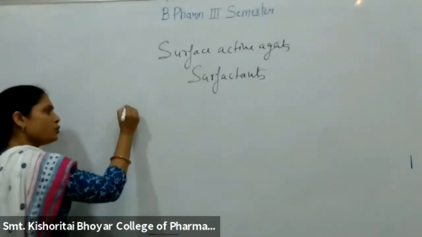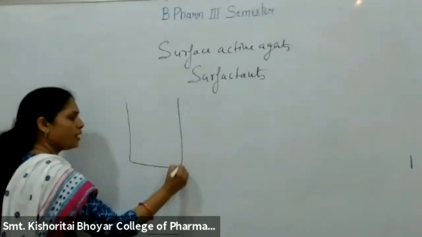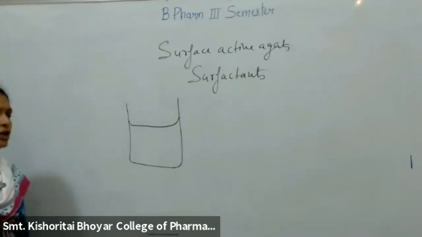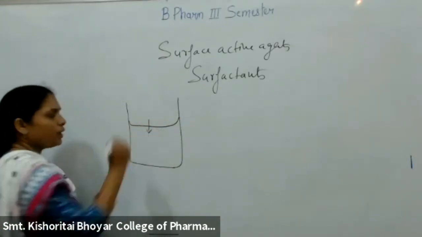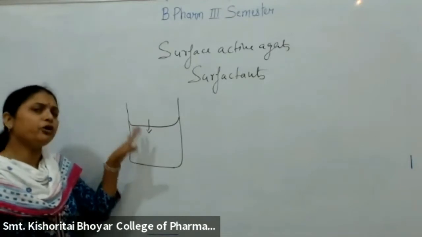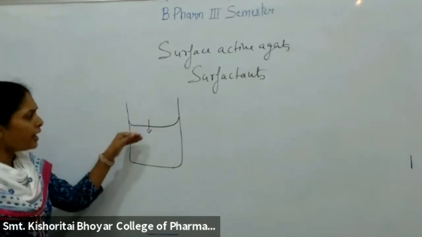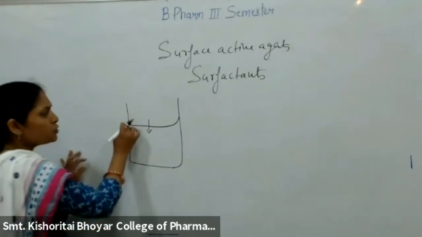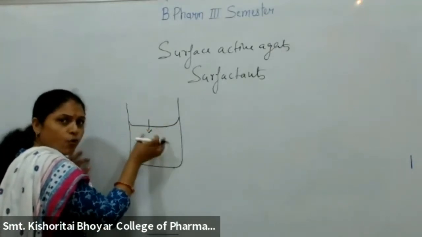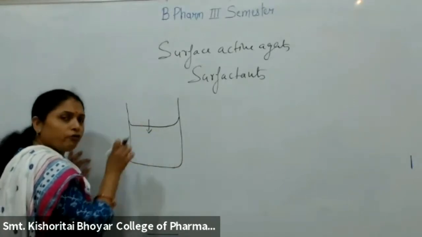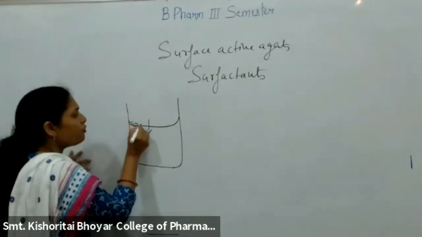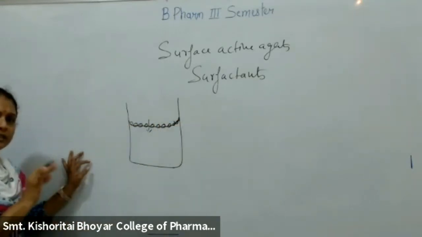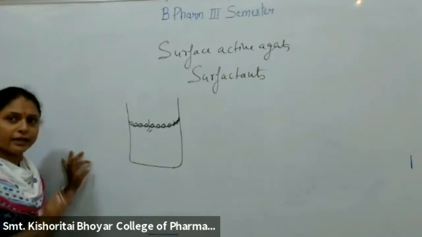Now if suppose there is a liquid in a beaker and we consider this as water over here, and if we do not add anything, and we want to increase the surface area of the given surface, there will be a number of molecules at the surface, and these molecules will remain steady if the surface area is not increased.